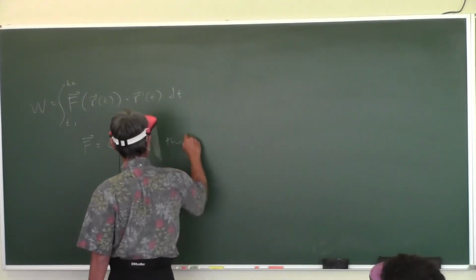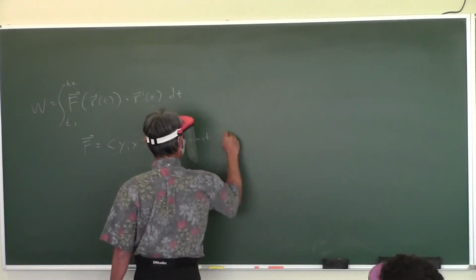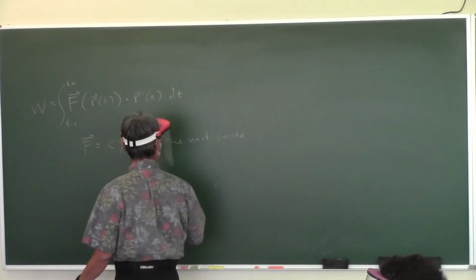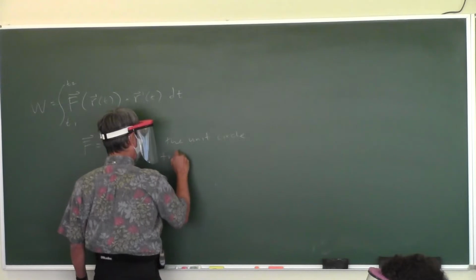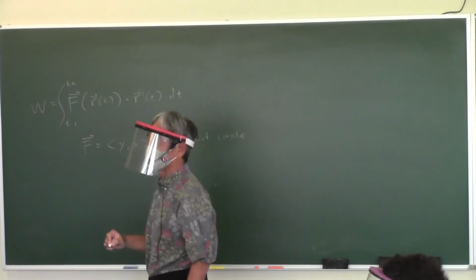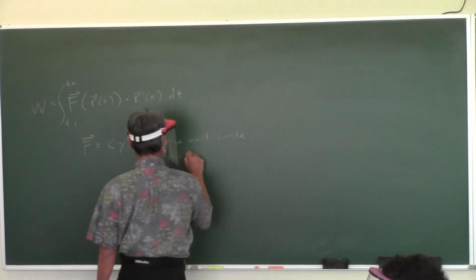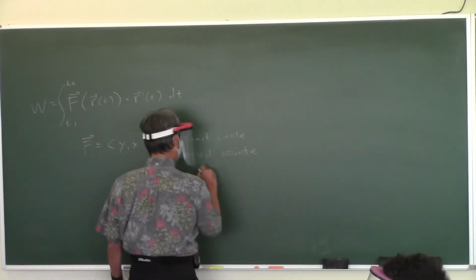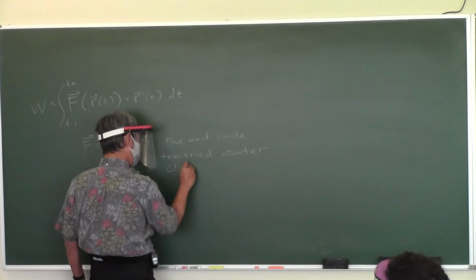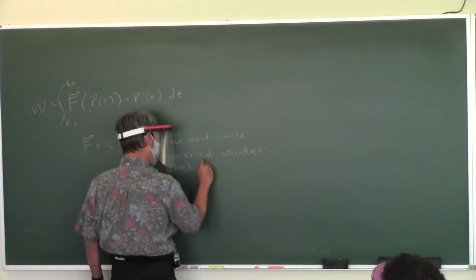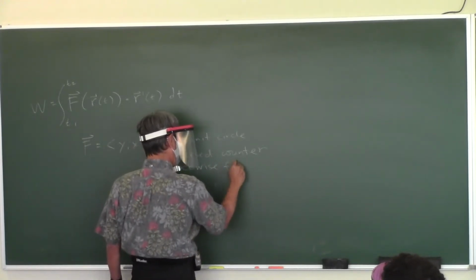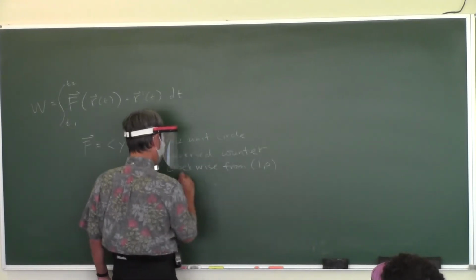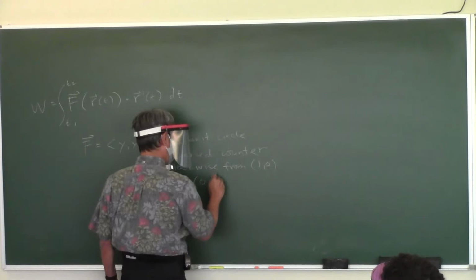The unit circle. Now on the homework you have to go clockwise, but let's go, is it transversed or traversed? Traversed. Traversed counterclockwise from the point 1, 0 to 0, 1.